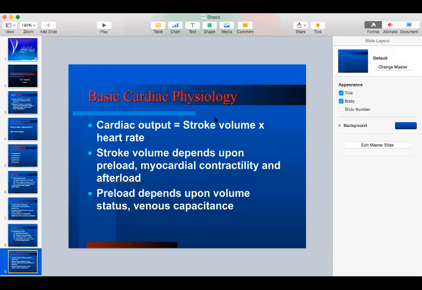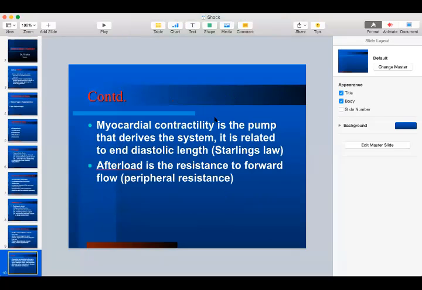Preload depends upon volume status, obviously, and venous capacitance. Myocardial contractility is the pump that drives the whole system, related to the end diastolic length, the Starling's law. And afterload is the resistance to forward flow, or peripheral resistance, that the blood overcomes in systemic circulation as it passes through your organs and the rest of the body.